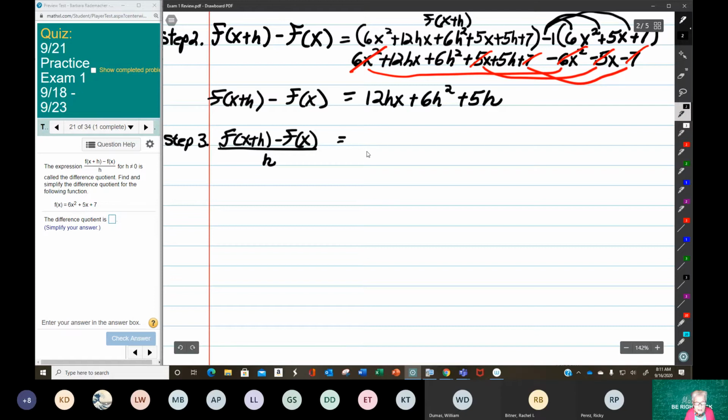So I'm going to take f of x plus h minus f of x, which is what this equals. I do this because I know I'm going to be canceling. And I'm going to divide each term by h.